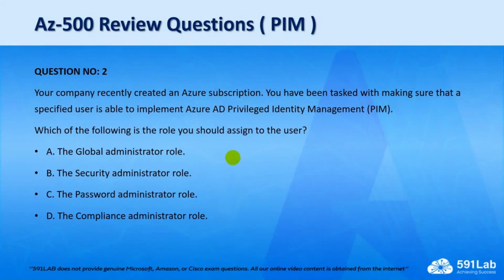Again, we have discussed in the same video, there are two prerequisites in order to implement Privileged Identity Management. The first one is that the user must have either the Global Administrator role or the Privileged Role Administrator. And the second one, Azure AD or Entra ID must have a Microsoft Entra ID P2 license.